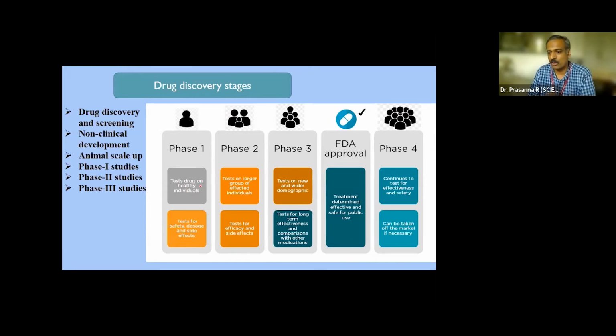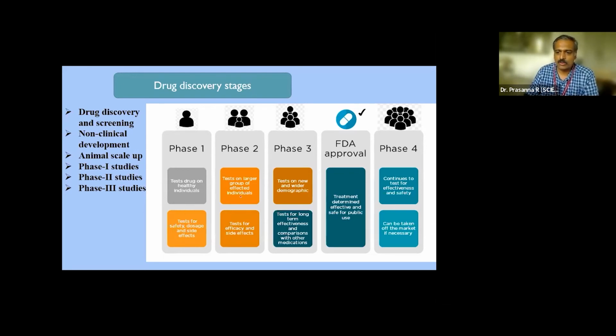That's going to serve as a control, and we should understand the dosage, the safety, the side effects. If a person is maximally healthy and consumes a drug, what side effects predominantly come in? So healthy volunteers will be picked up and then these tests will be done.